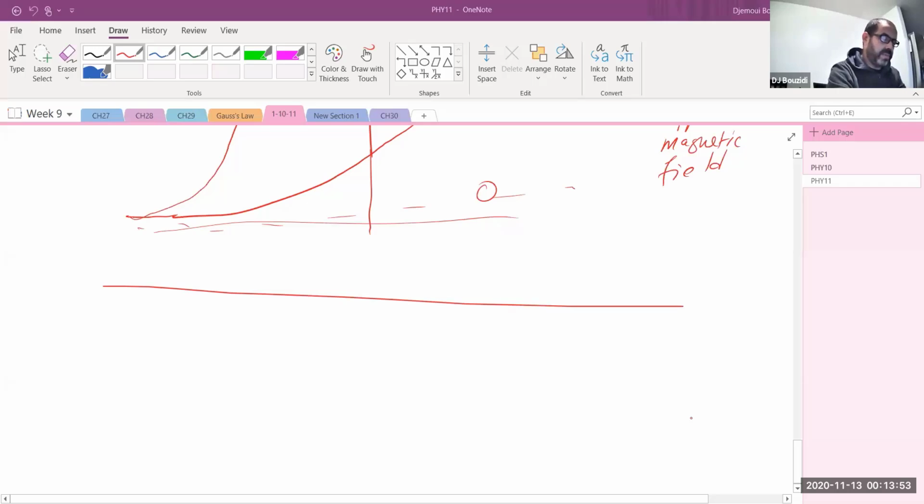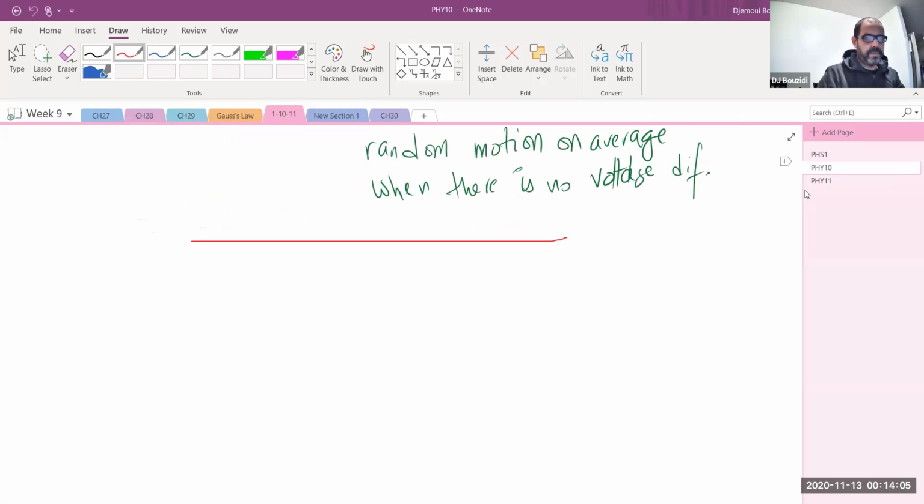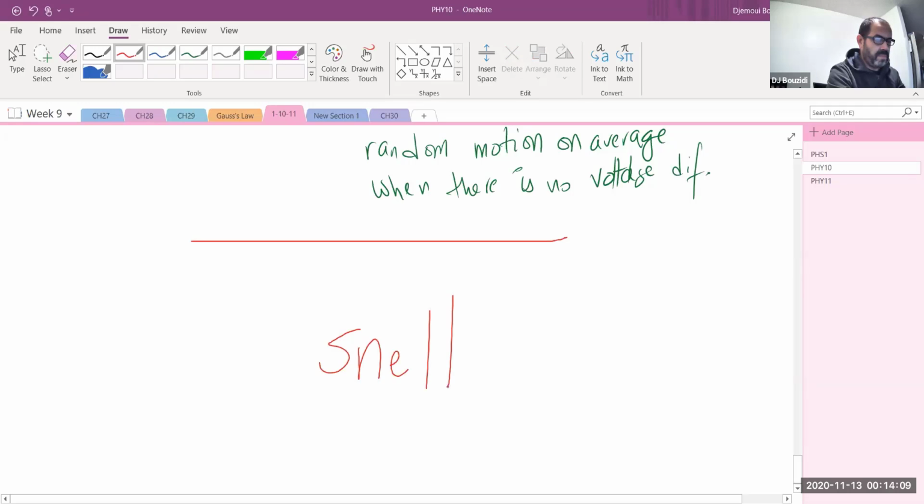Okay, so his name is Snell. Sometimes the first law is called Snell's law of reflection, and the other one is Snell's law of refraction.